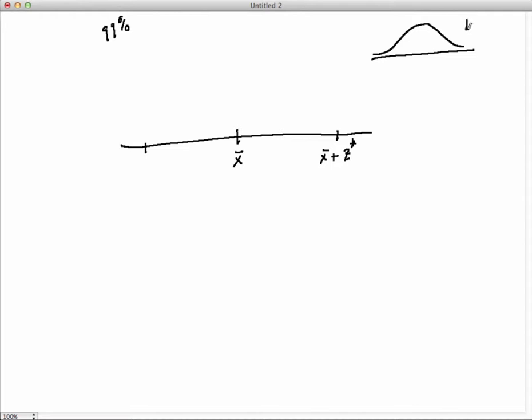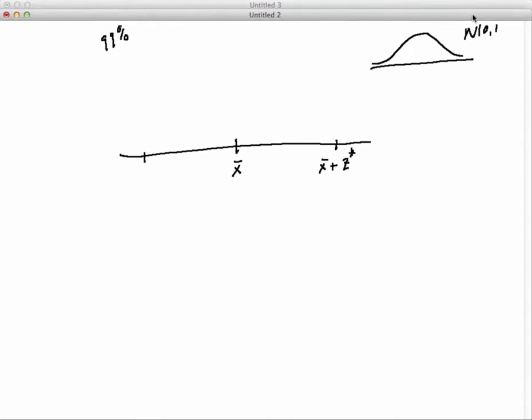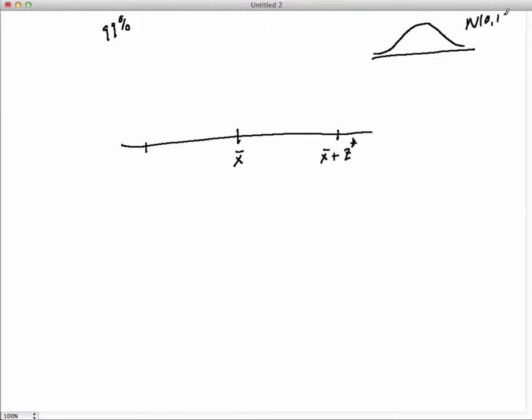If this is the normal with mean 0 and standard deviation 1, in other words, the standard normal, then we know that 99% of the data fell between this negative z star and this positive z star. In other words, those are the numbers such that 99% of the data fell within that interval between there and there. So there's that z star.